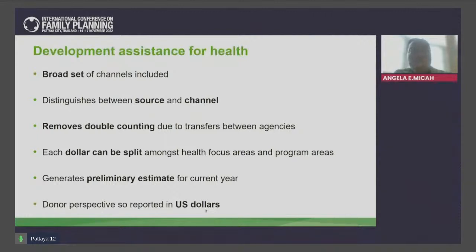So this would mean that for 2022, the last year of data in our latest database will be 2021, the most recent year that has ended. And then we track the estimates from a donor perspective, and so we report in US dollars.